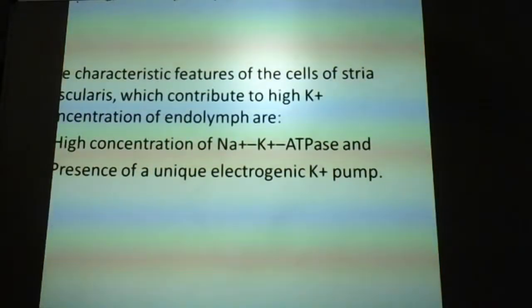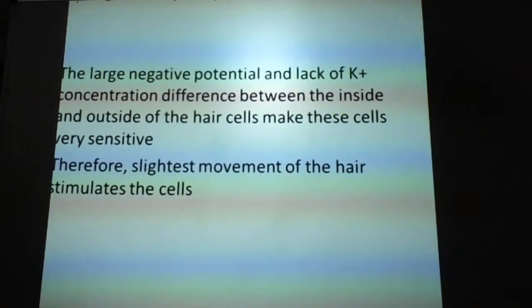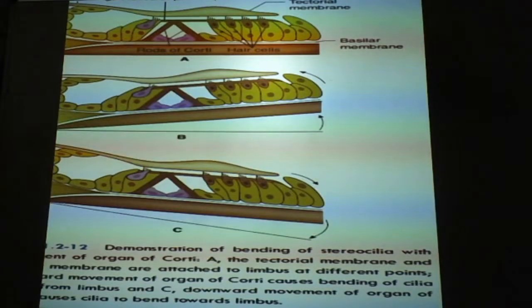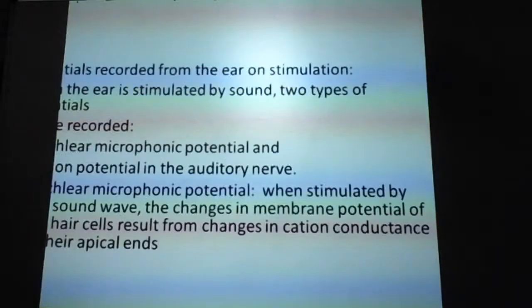You should know what the endocochlear potential is, a most important short note. How much is the potential difference, and what is the unique feature of that. You should know the resting membrane potential of the hair cell, which is -40, and the movements of the basilar membrane.